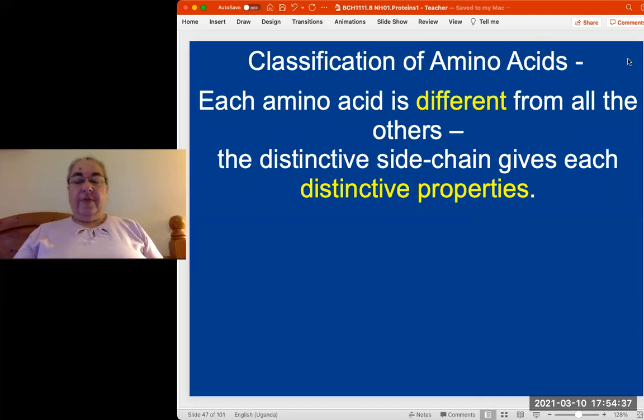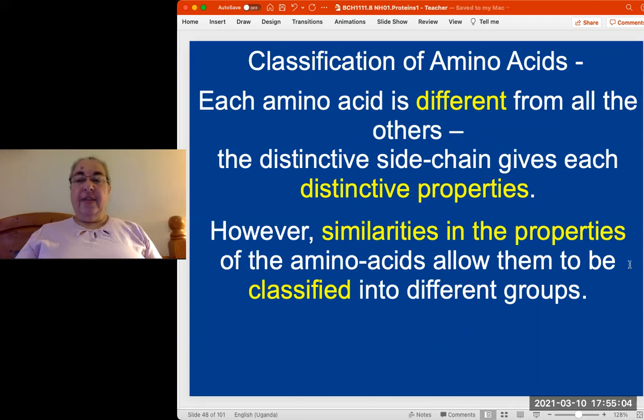So the 20 different side chains of the 20 common amino acids, each one is different, and the differences in these side chains are what gives each of the 20 amino acids its distinctive properties, the properties that make it that particular amino acid and not one of the others.